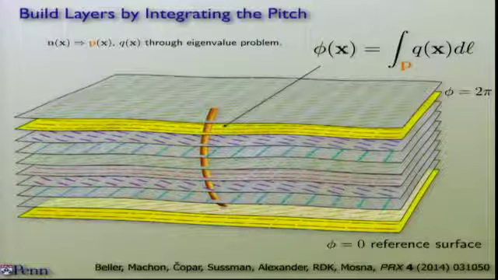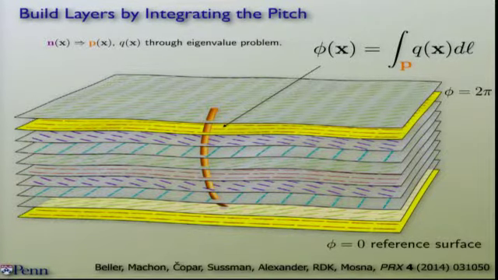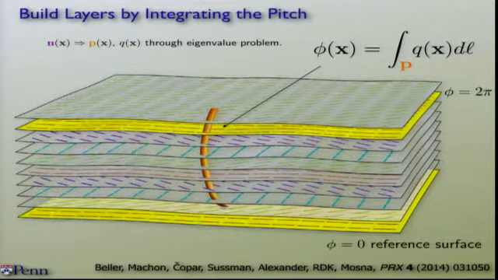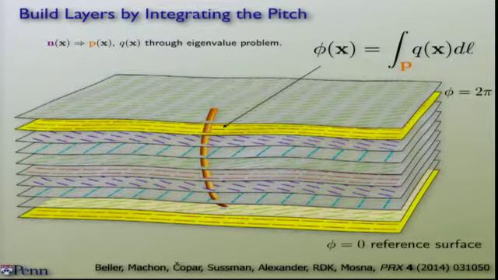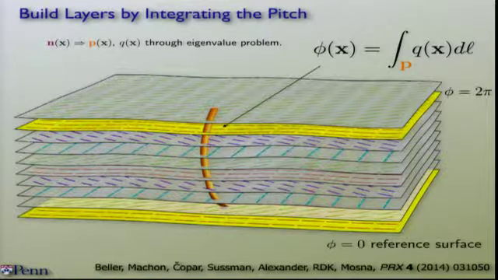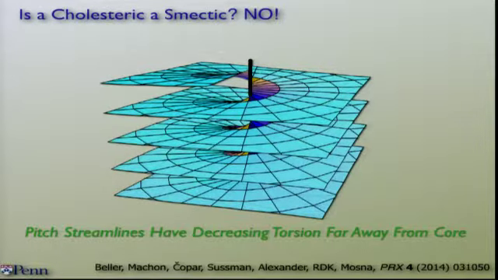So you say, oh, so maybe a cholesteric is a smectic, but here I can now try to make the smectic layers again. See, we can make the smectic layers, build up the phase field of the smectic. Is a cholesteric a smectic? No. Because this is a screw dislocation in a smectic, okay?